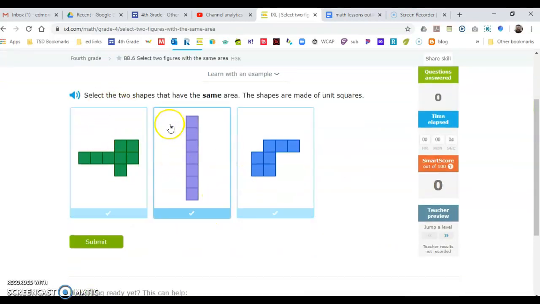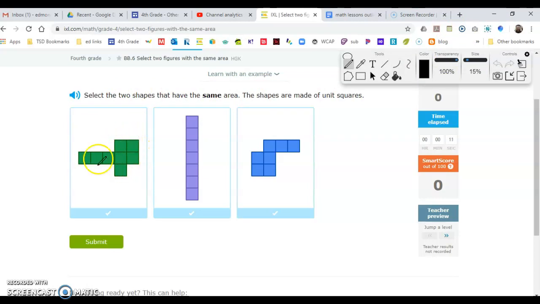And what you'll notice here is this is a normal rectangle. These are irregular shapes. In this case, all we have to do is count the number of squares. Remember, this is the area, so we're counting squares. So this area right here is 1, 2, 3, 4, 5, 6, 7, 8. That has an area of 8 units, and we call it square units because we're counting squares. So we put a little 2 up here to say 8 square units, or we can say 8 sq units like this.